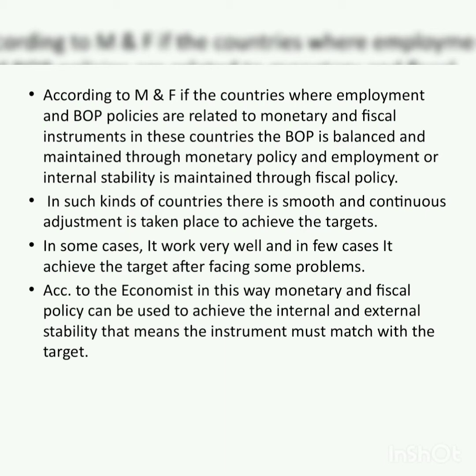It might be possible that in a few cases it achieves the target after facing some problems, but finally it will be a successful policy. So economists explain in this way that monetary and fiscal policies can be used to achieve internal as well as external stability.